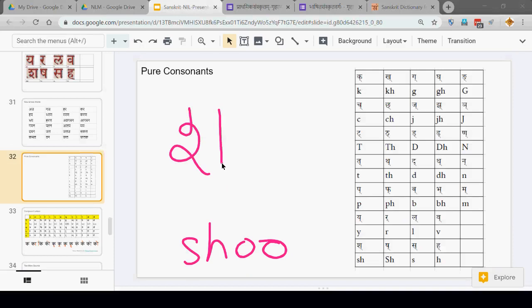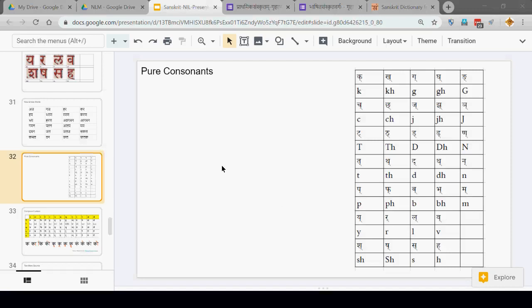So this is the base symbol. First we write the base symbol, and then we add this curly symbol at the bottom, touching the bottom of the base symbol. Shoe. Same thing with the ru. First base, then add the symbol at the bottom.